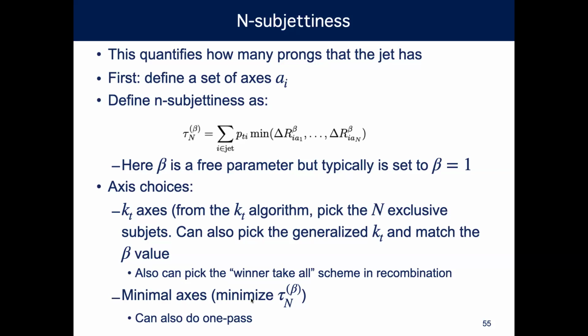You can also use the minimal axis, where you minimize this quantity to get it, and that would be similar to the k-means algorithm that we talked about yesterday a little bit. And you can also just do this with one pass. So there's lots of axis choices that you can do. I don't want to get into them, but at the end of the day, what you have to remember is these are trying to just measure how much stuff is inside of the jet and where it lives.